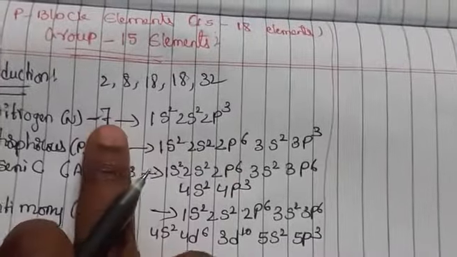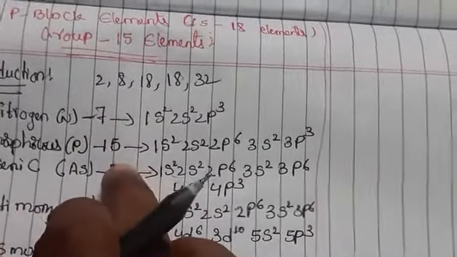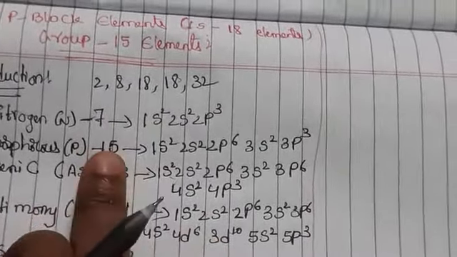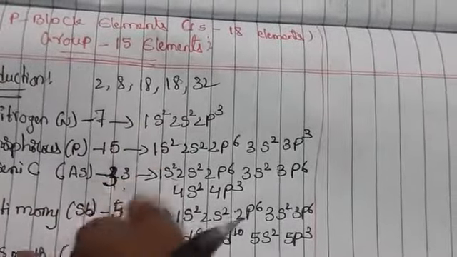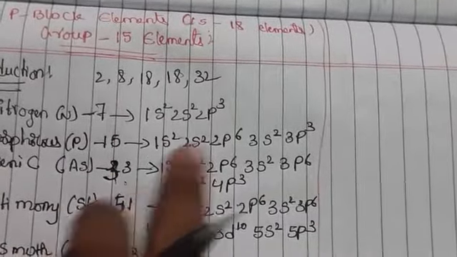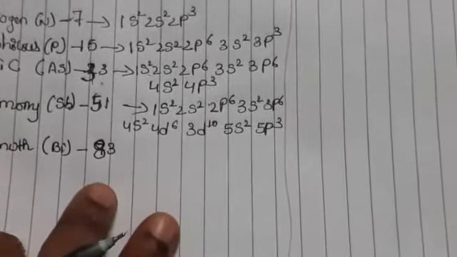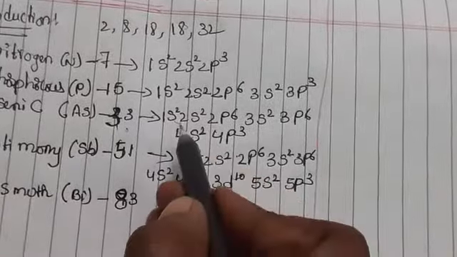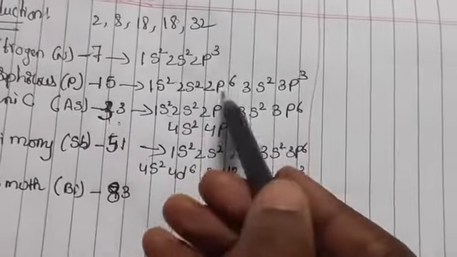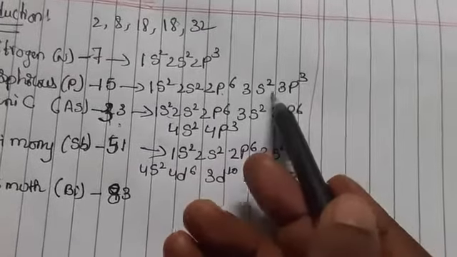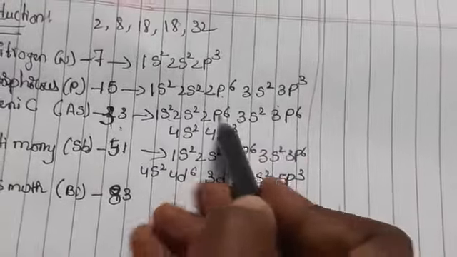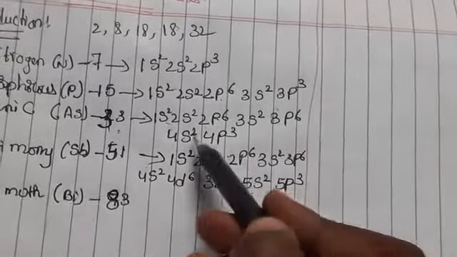If 7 is the atomic number and you add 8, you get 15. For this 18, if you add, 33. For this 18, 51. If you add 32, you get 83. If you count here, 10 plus 5, 15, 10 plus 10, 20.